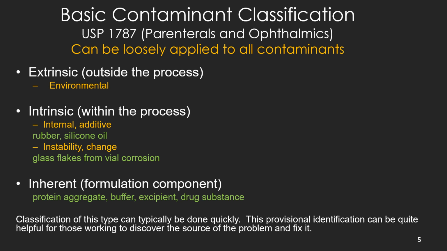This is a little busy as a slide, but what I'm trying to get at here is this general classification of contaminants and the utility of having a scheme that separates contaminants based on what you think the source is. Of course, you're going to have to do some identification before you get the source. But the USP, the United States Pharmacopoeia, General Chapter 1787, Parenterals and Ophthalmics, has a really nice program for the classification of contaminants.